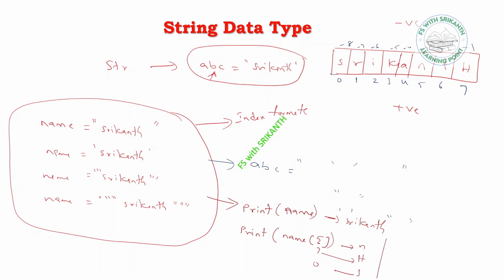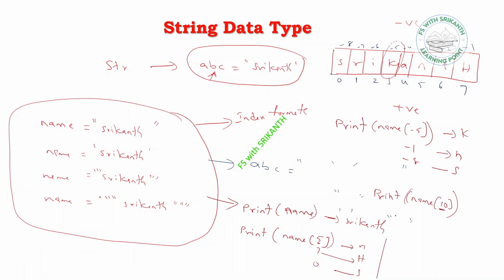The same way works in the negative direction also. Print name of -5. What is -5? K. It prints K. If you print -1, it will take H, and -8 prints S. But if I try to print name of index 10, index 10 value is not available.